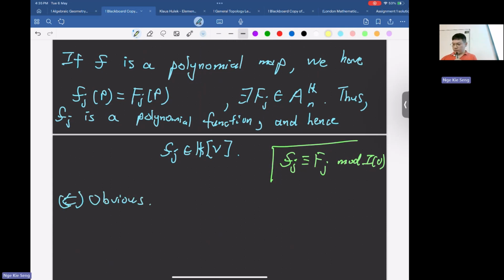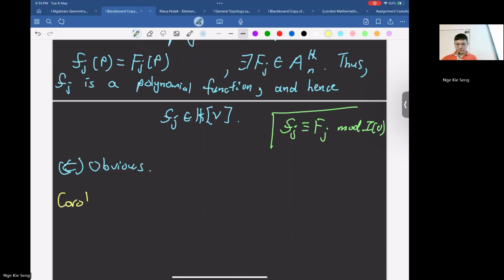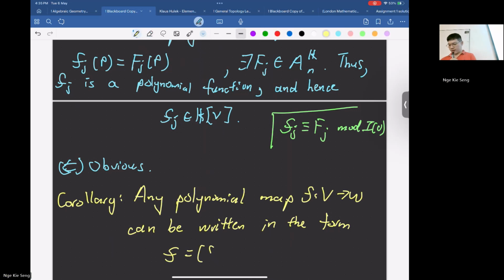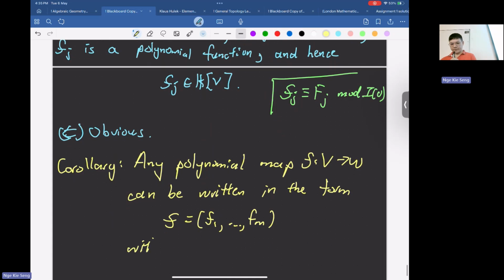Okay, so the corollary is: any polynomial map f from V to W actually can be written in the form of f1 to fm, with f1 up to fm living in the quotient ring.